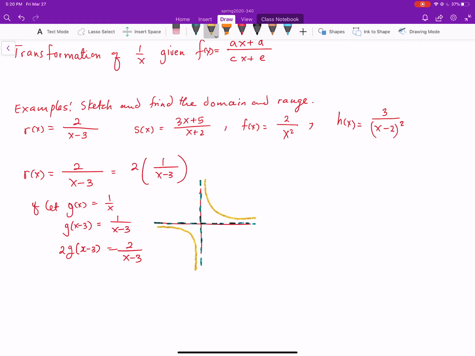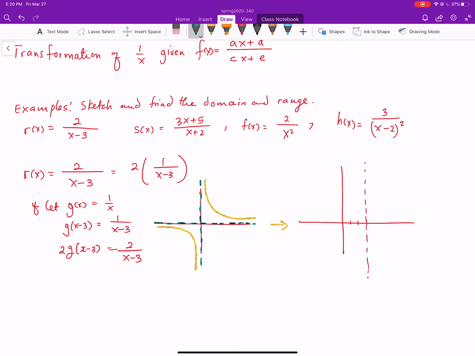And then I'm shifting this to the right 3 places. So with the horizontal shift, I'm going to move the vertical line. That's going to go 3 places, 1, 2, 3. So right now it's supposed to be right here.